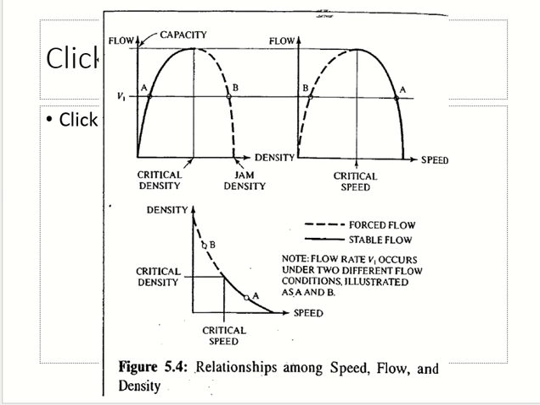Now you see here in this graph, this is the solid portion, that means before capacity, stable flow. This one is the dotted portion after capacity, forced flow. In this portion, the speed is high, density is low. In this portion, the forced flow condition, the speed is low and the density is high. Clear? Okay.